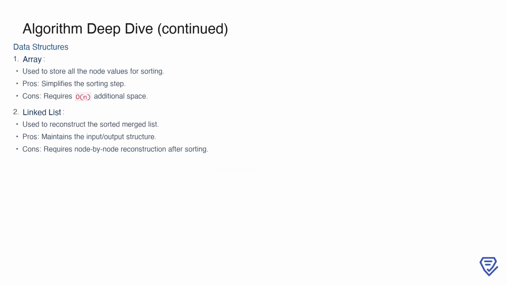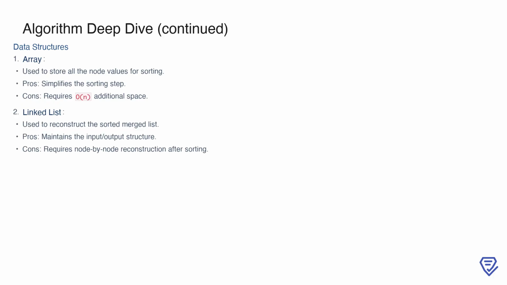The brute force method relies on two primary data structures, arrays and linked lists. The array is used to store all node values before sorting. Its main advantage is that it simplifies the sorting process, as arrays are the natural input for most efficient sorting algorithms. However, the downside is that the array requires additional space proportional to the total number of nodes, which increases the overall memory usage.